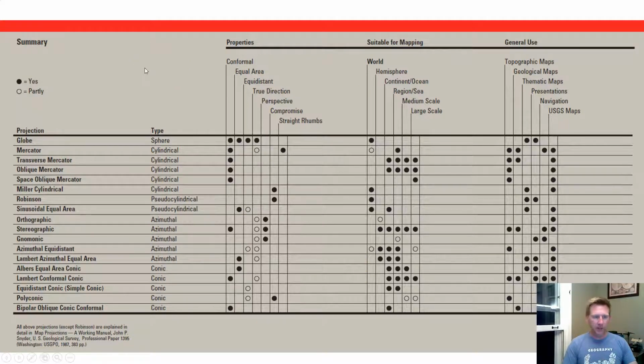You don't have to memorize that by any means, but it is important that you probably know the difference between the Mercator, the transverse Mercator, which is the basis for the UTM coordinate system, and probably know a little bit about things like the Robinson projection, the orthographic projection, and the two conic projections that we looked at.